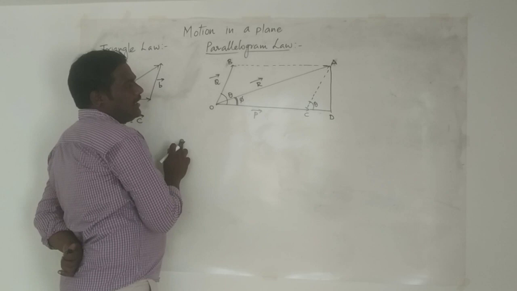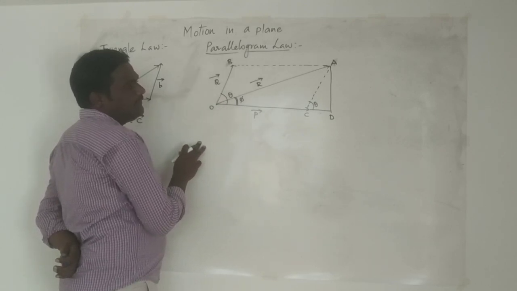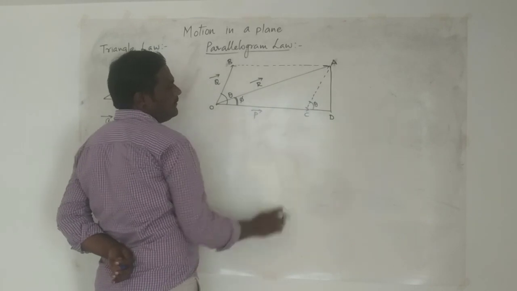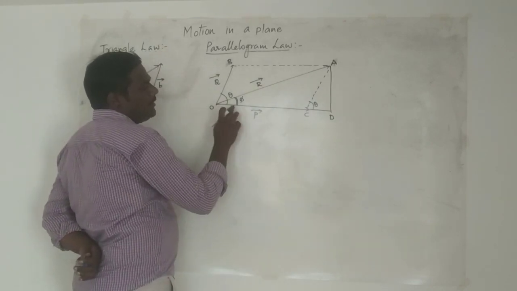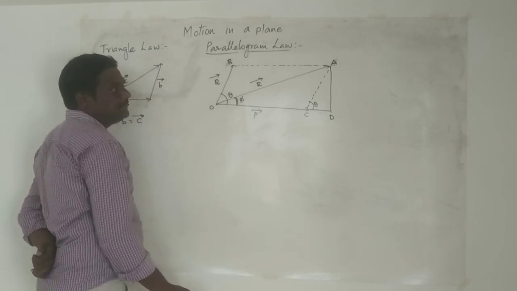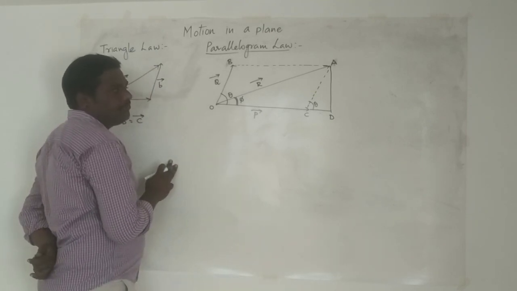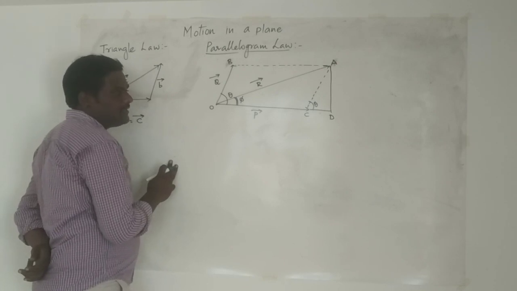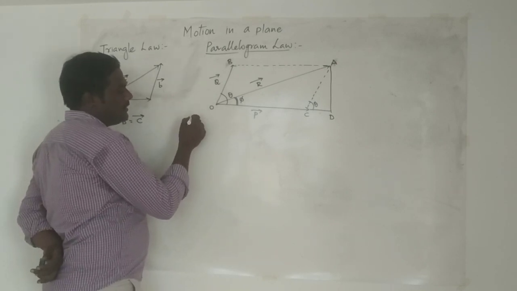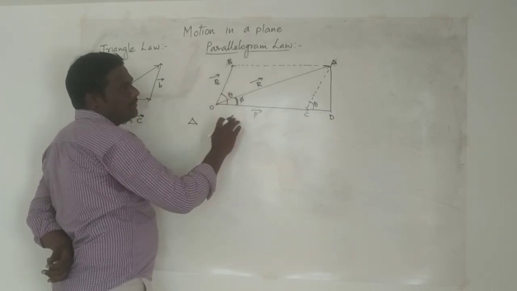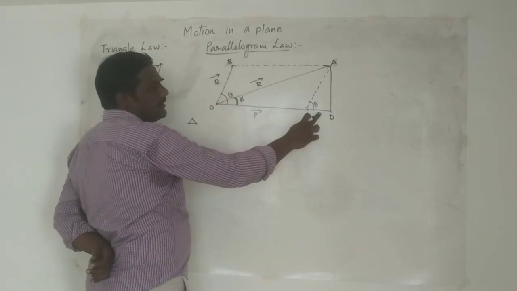Now from the diagram it is very clear that you can find two right angle triangles, OAD and one more triangle ACD. Both are right angle triangles. I know Pythagoras theorem. Pythagoras theorem says hypotenuse square is equal to side square plus side square. Now let us start deriving. From the diagram I have a parallelogram and I have constructed one triangle also.